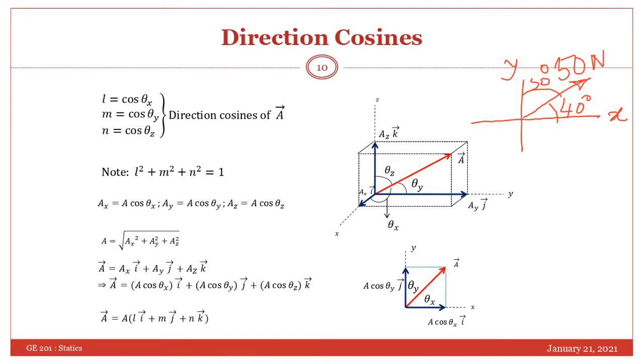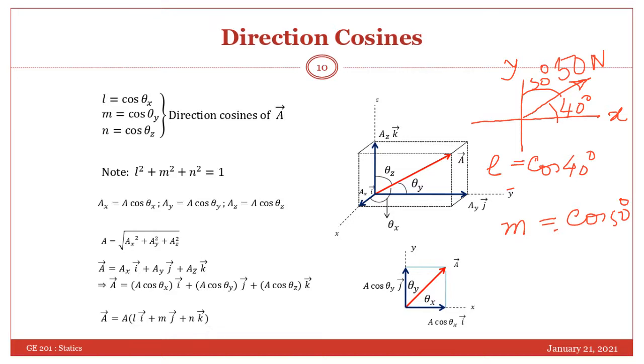50 Newton multiplied by cosine 40? No, that is not direction cosine. Direction cosine will be simply cosine of 40 degree. This is the first direction cosine, which we generally denote by L. And the second direction cosine will be M, that is cosine of 50 degree, because this is making an angle of 40 degree with x-axis, so cosine of 40 degree is the first direction cosine, and it is making an angle of 50 degree with the y-axis, so cosine of 50 degree is the second direction cosine.